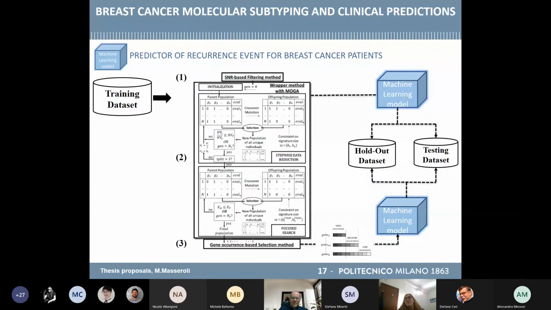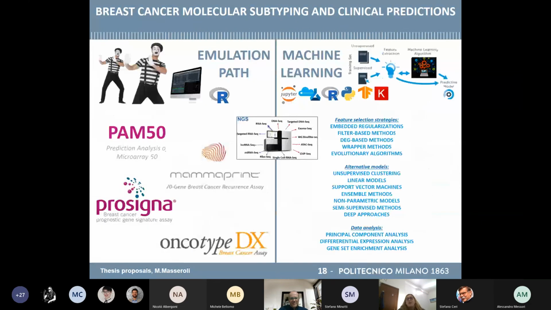So you can go on. So basically, what I want to let you know is that we've worked a lot on applying data science and machine learning techniques on this kind of cancer genomic topics, mostly for what concerns breast cancer subtyping or clinical prediction, but as I already mentioned, with ongoing theses also on other kinds of cancers.